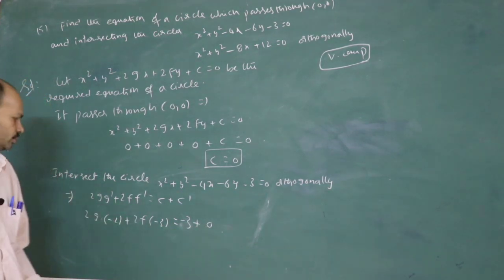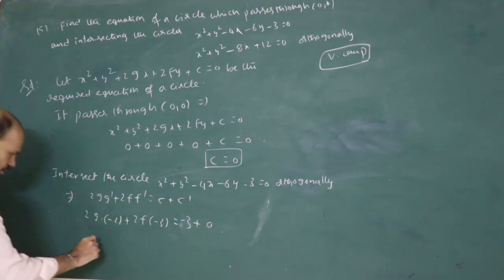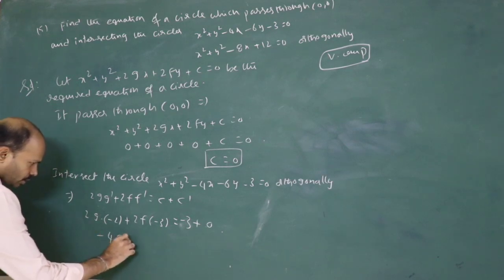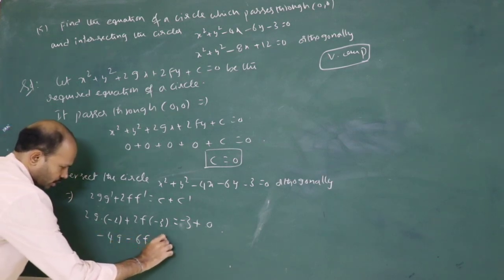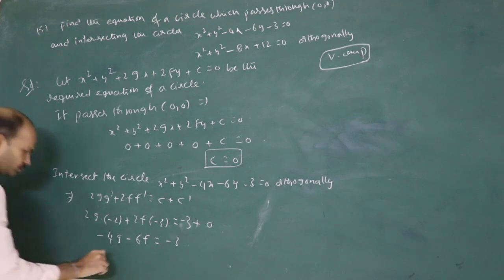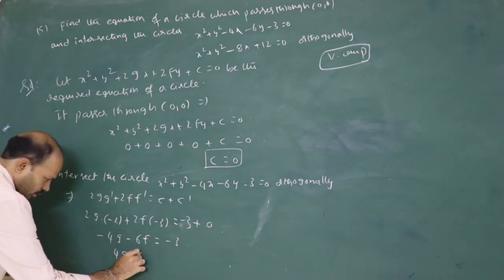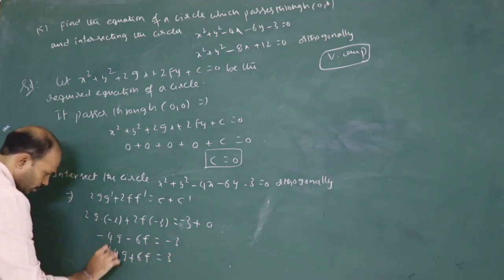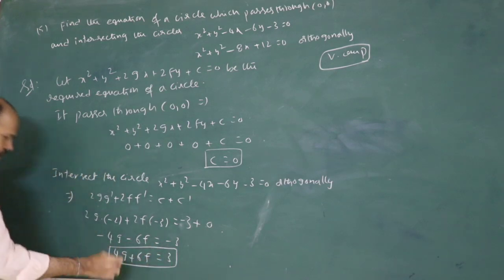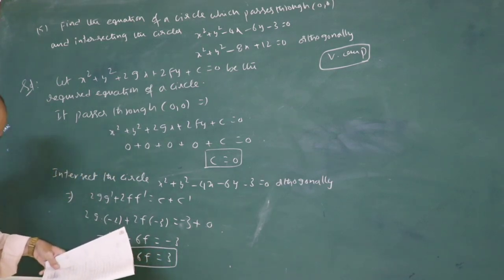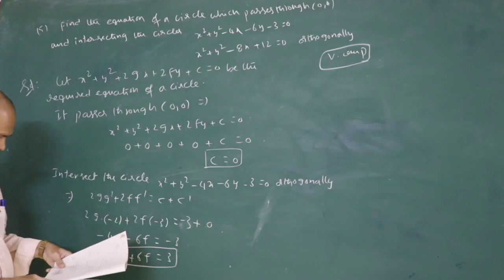Now from this we have minus 4g minus 6f is equal to minus 3, so 4g plus 6f is equal to 3. This is another condition: 4g plus 6f is equal to 3.